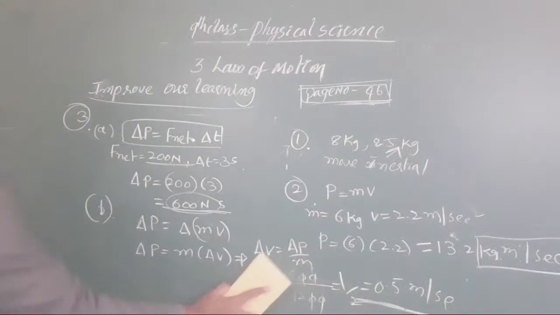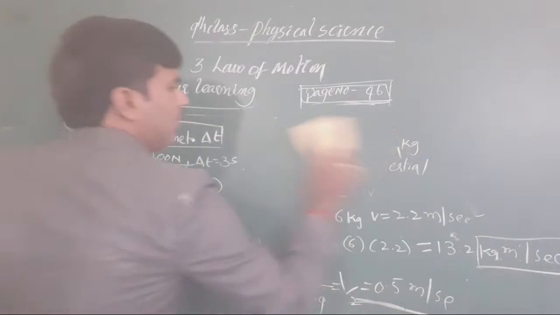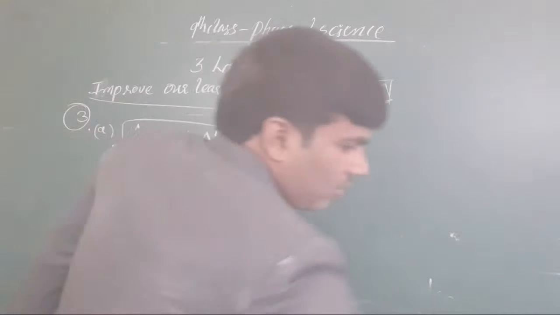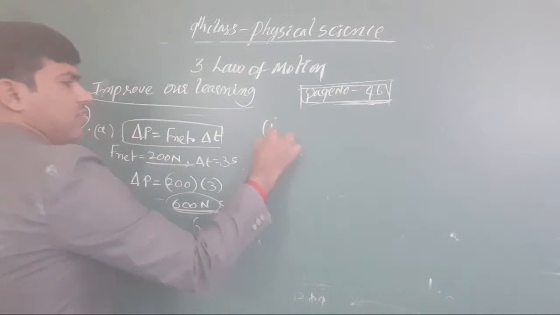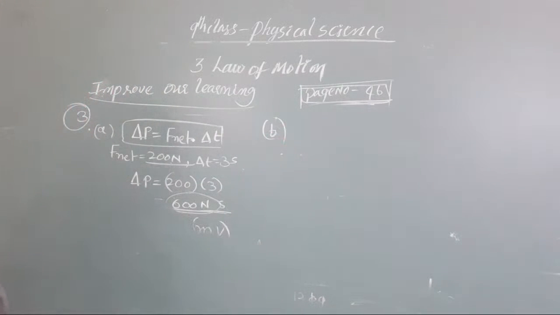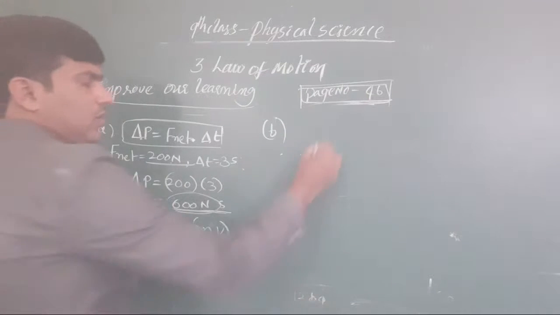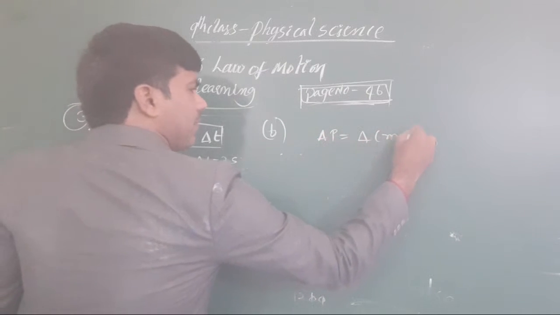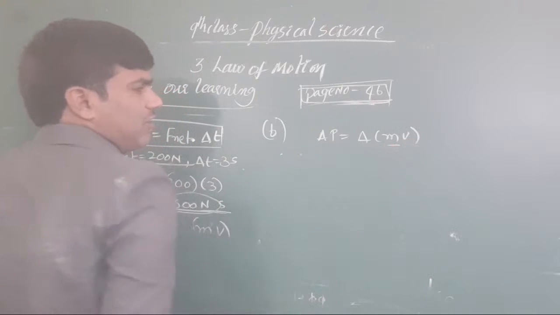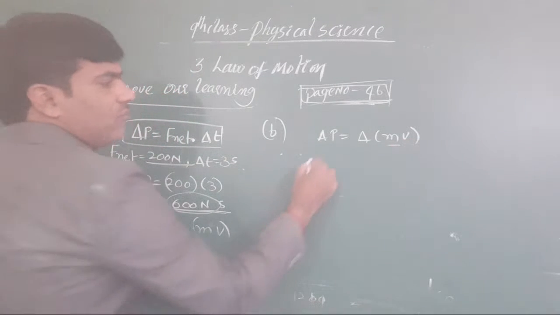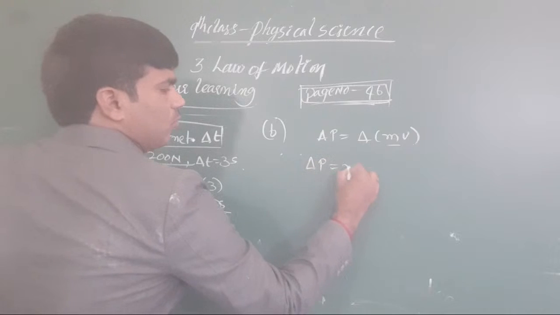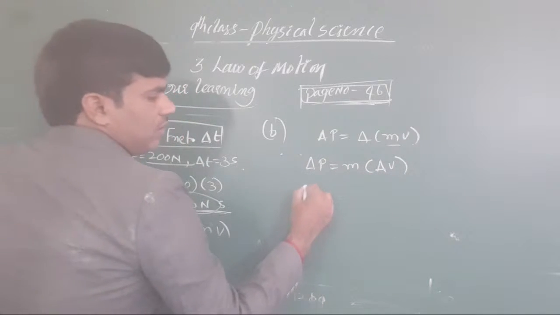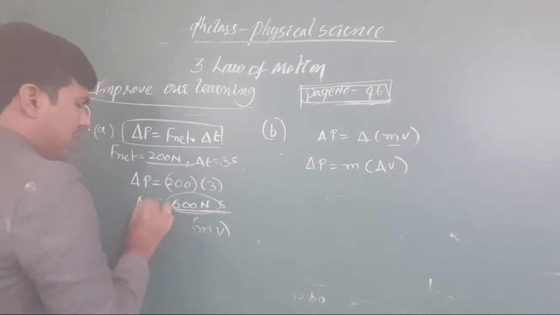Yes, once again I repeat it. It is an important one. Which one? The second question, the third one, that is the third B, is important for you. Now what is the third B? You know very well, del P is written as del of mv. Here m is a constant. That's why it is also written as del P is equal to m into del v. Now, you know very well already what the del P value is.